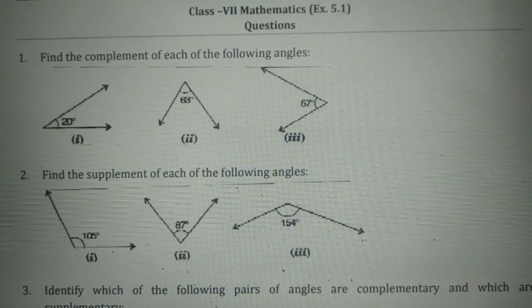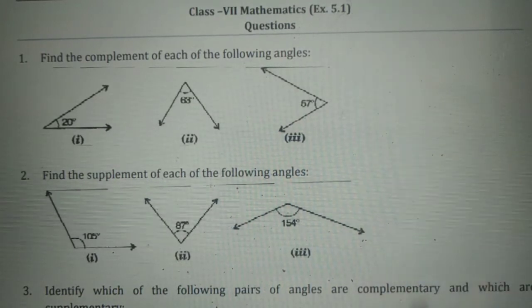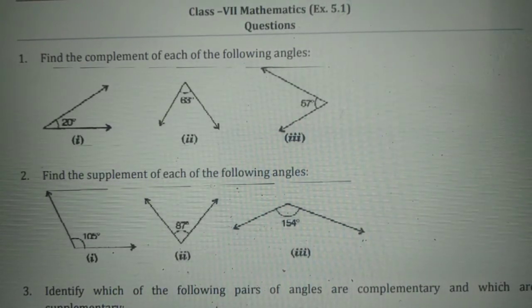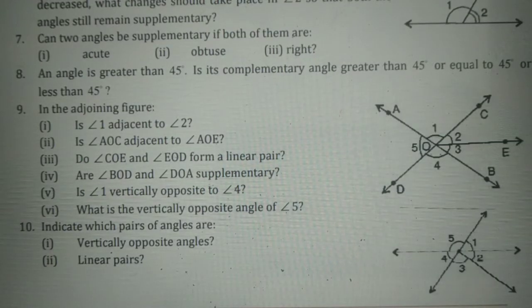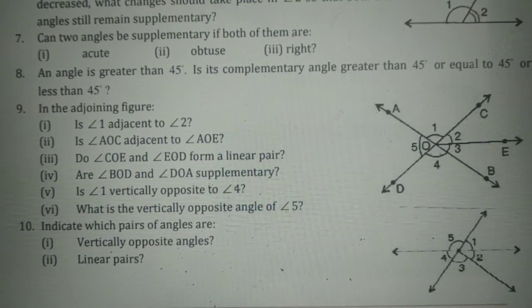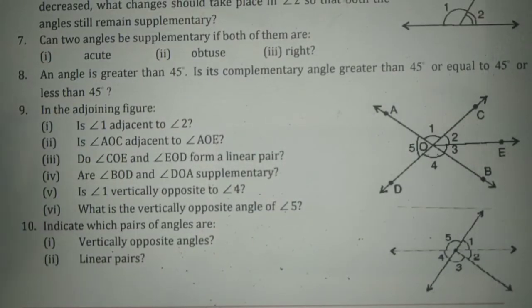As we have already done questions 1 to 9 of exercise 5.1, now we start with question number 10. See, question number 10 is: indicate which pair of angles are vertically opposite angles, linear pairs.